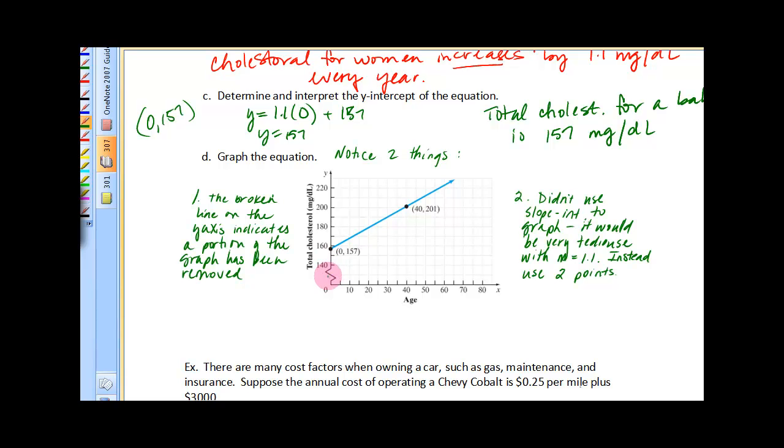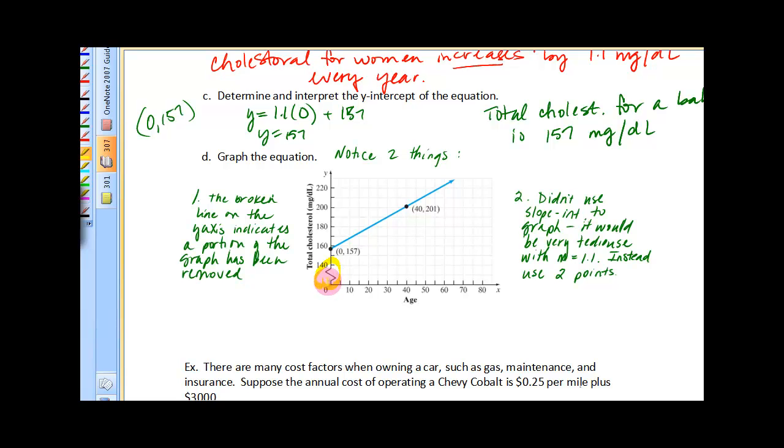The reason that you might see a graph done like that is because there's a lot of blank space. Nothing is happening between basically 0 and 157. Remember, when we're born at the age of 0, we start with 157 of this total cholesterol.